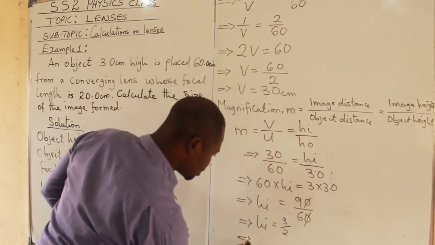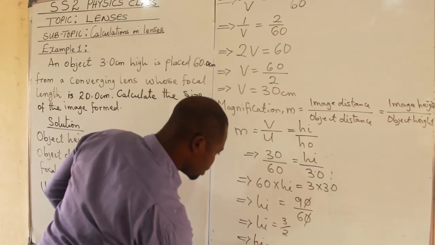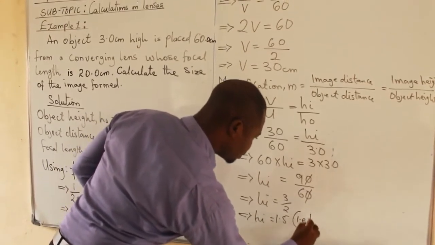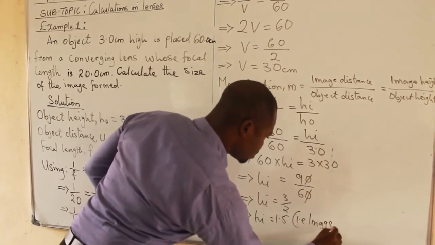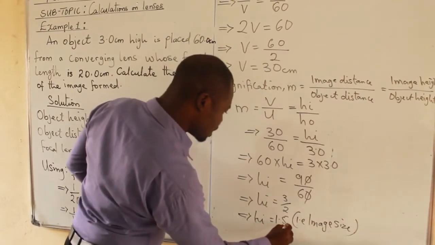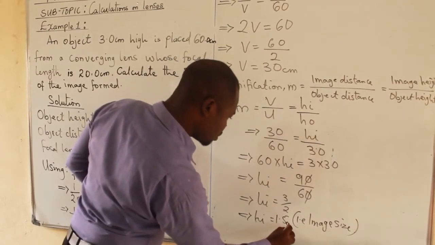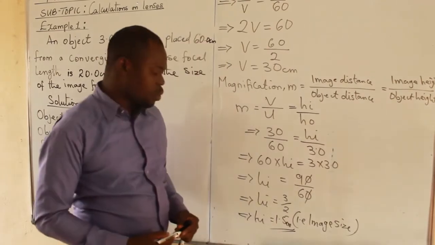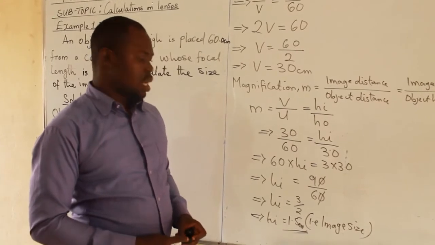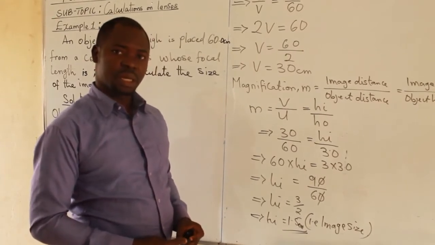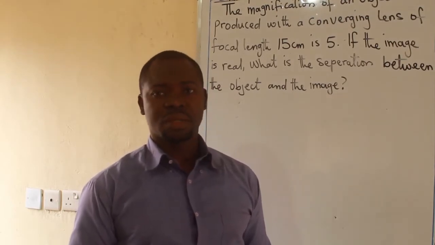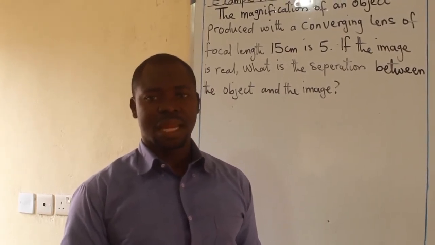So the image height equals 1.5, and that is the image size. The image size therefore is 1.5 centimeters. Alright, so let's move on to the second example under lenses.